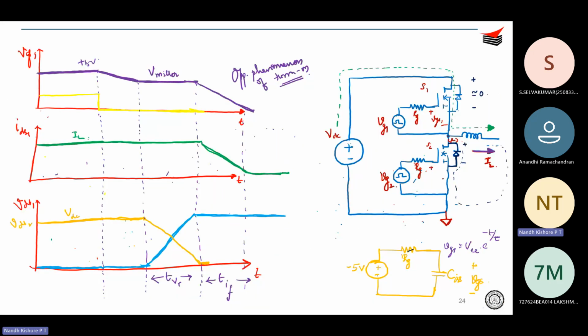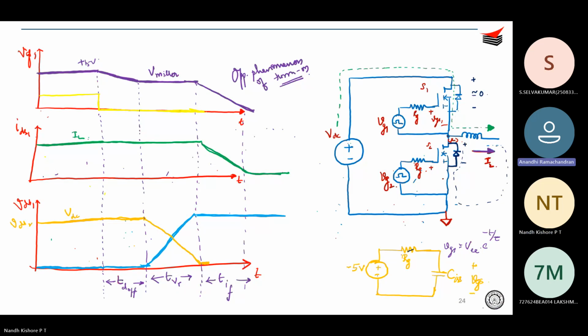So here also you have three intervals, right? That is, turn off delay time, voltage rise time and then current fall time.